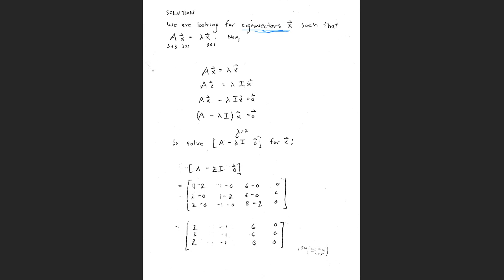The matrix equation A times the vector x equals lambda x, and lambda, of course, is some scalar. That is how eigenvectors and eigenvalues are defined.